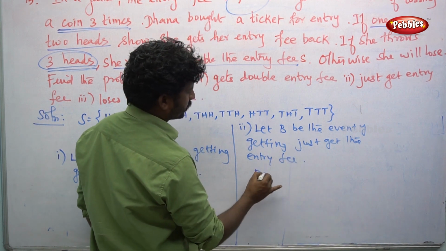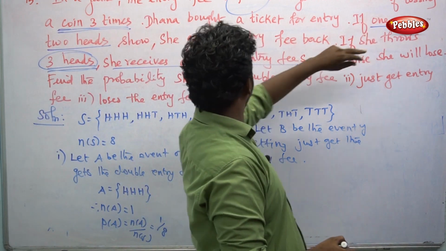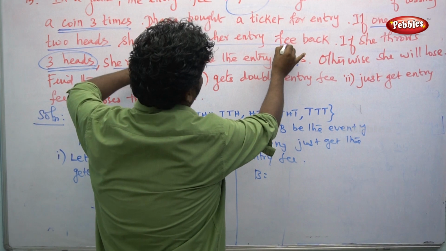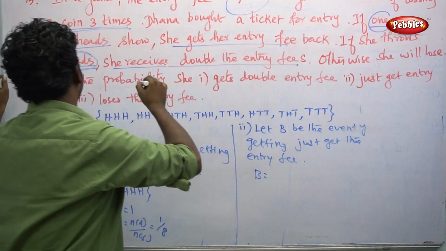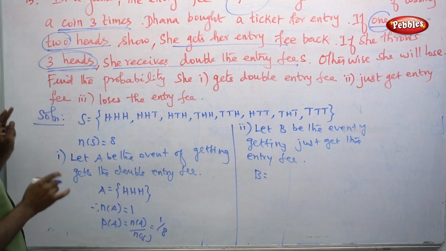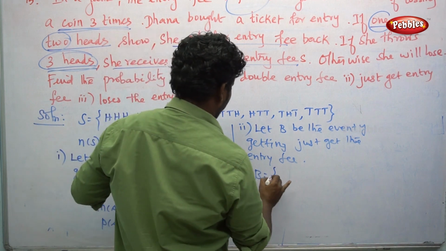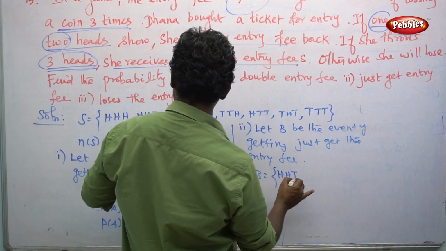So the B set is equal to, பாருங்க, see the line, if 1 or 2 heads show, she gets her entry fee back. அப்போ இதுக்கு என்ன condition கொடுத்துருக்கு? 1 or 2 heads, ஒரு head இருக்கலாம் அல்லது 2 heads இருக்கலாம் அப்படிங்கற elements மட்டும் எழுதுறேன் பாருங்க. இங்க 2 head இருக்கா, head head tail, right?